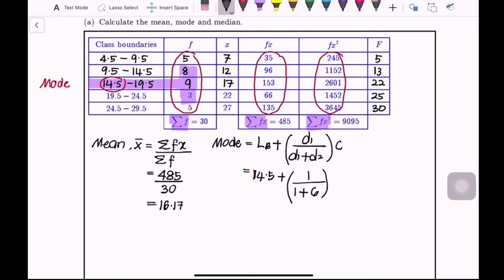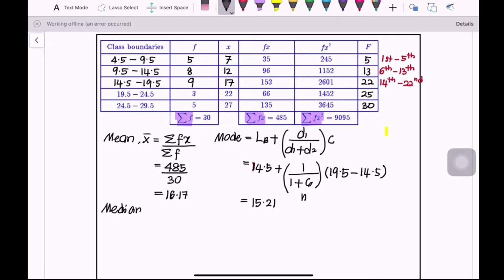The class width is determined by the upper boundary minus the lower boundary, 14.5. So the answer for the mode is equal to 15.21.